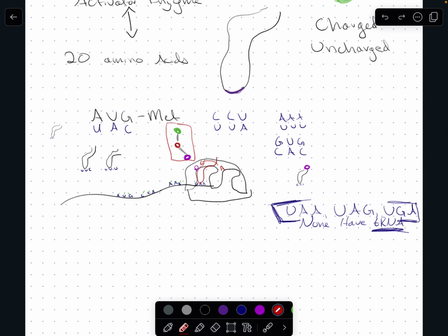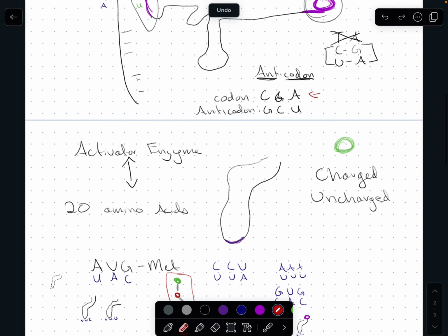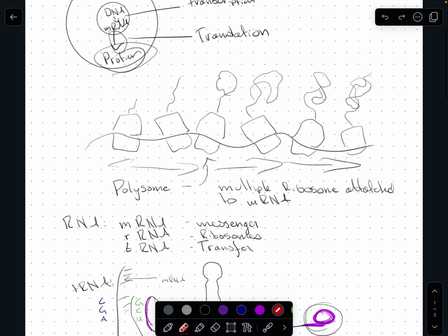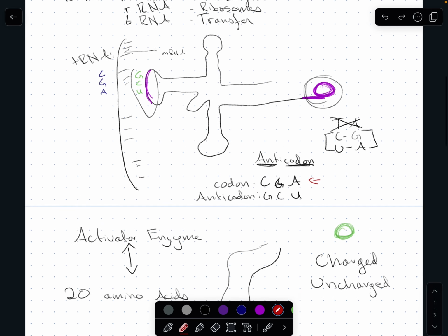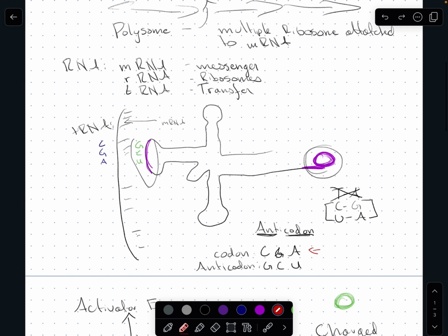And while we just looked at this with one example of one ribosome, we do have polysomes, which is what happens most of the time. You'll have multiple ribosomes attached, and they'll start moving, and they'll start growing. And once one ribosome is out of the way of your start codon here, another one will take its place, and you'll have a big chain of them making the same protein and polypeptide chain.